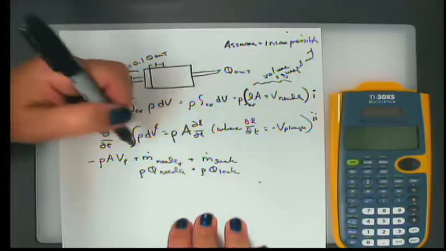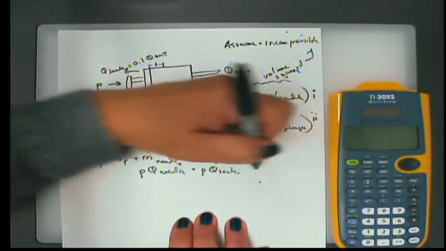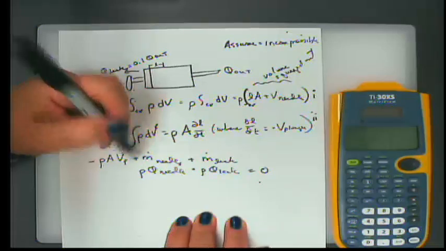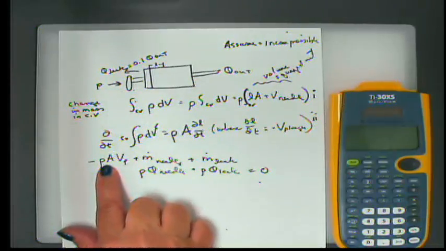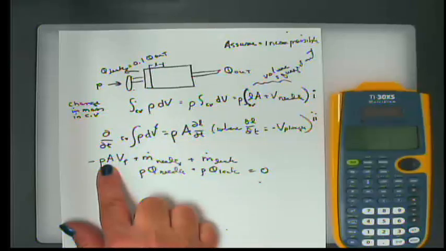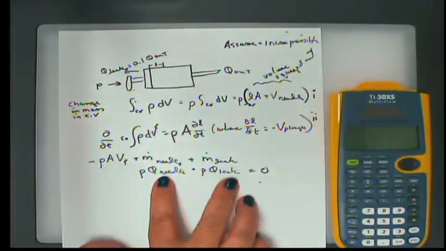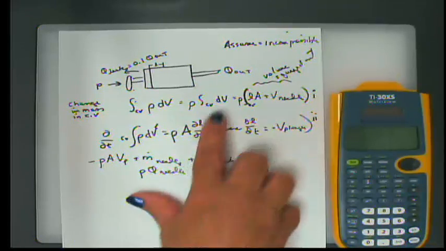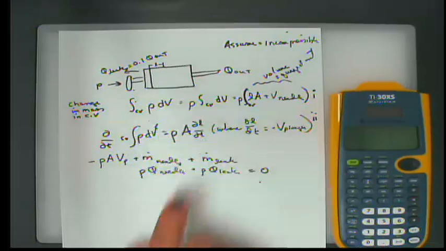Those three things added together equals 0. All right, so this is what's going on in the control volume. This is what's coming back out of the syringe, either through the needle or through the leak.